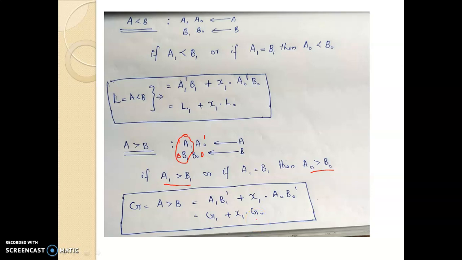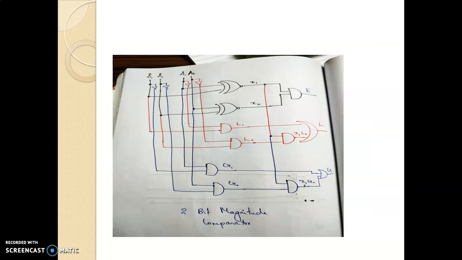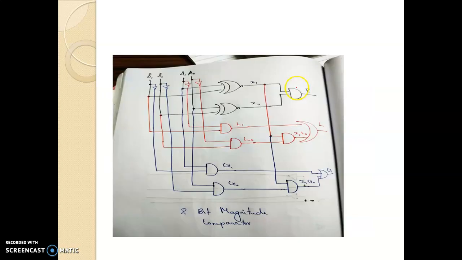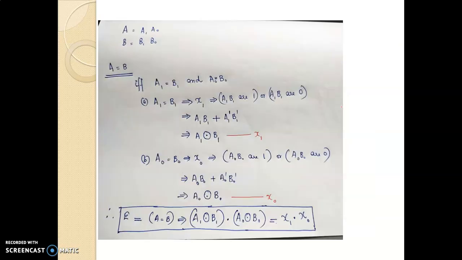Now we can implement the circuit. This is how you will implement it, with inputs A0, A1 and B0, B1, as per the equation. You know that equal to is obtained as X0 dot X1.